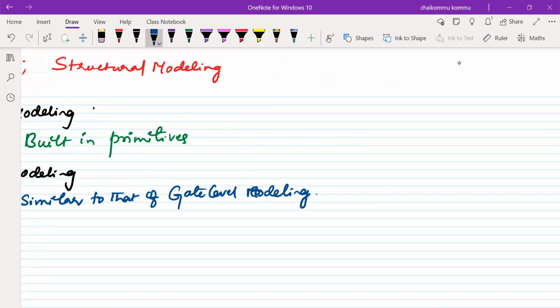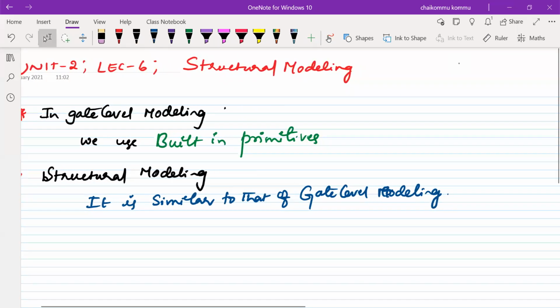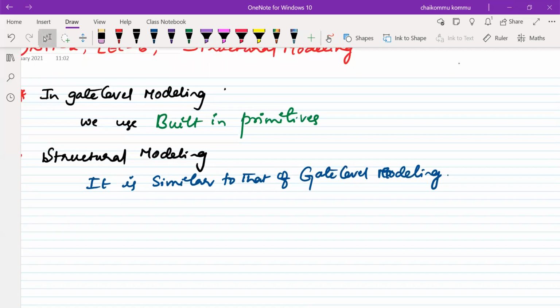But what is the difference when compared to gate level modeling? That's what we need to know.